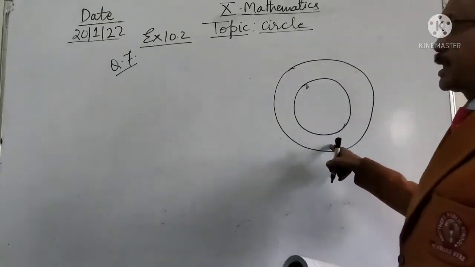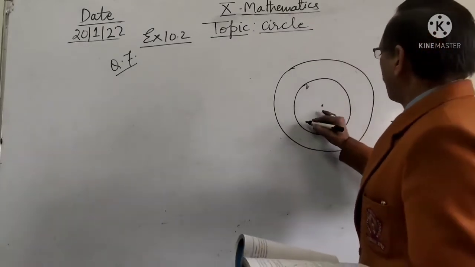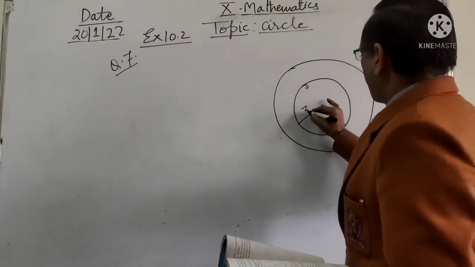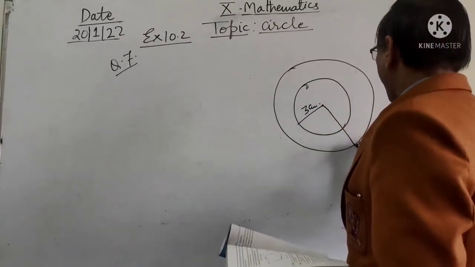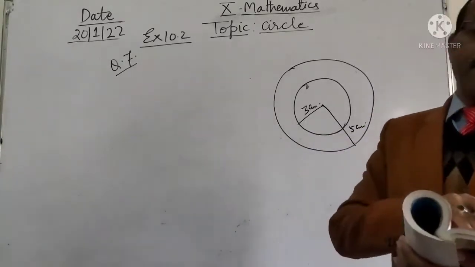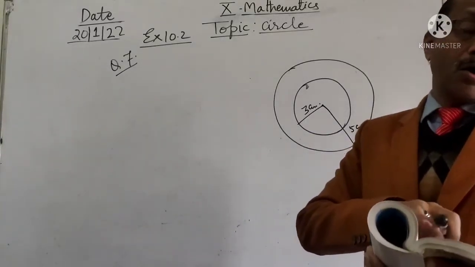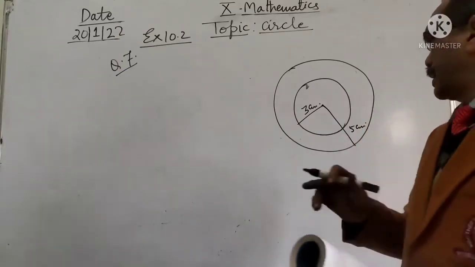There are two concentric circles of radii 3 cm and 5 cm. Find the length of the chord of the larger circle which touches the smaller circle.